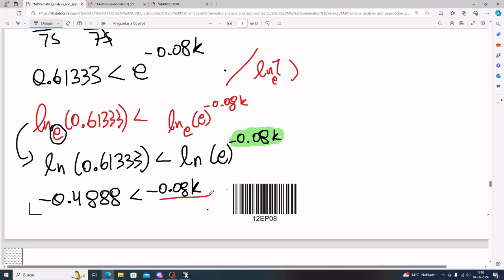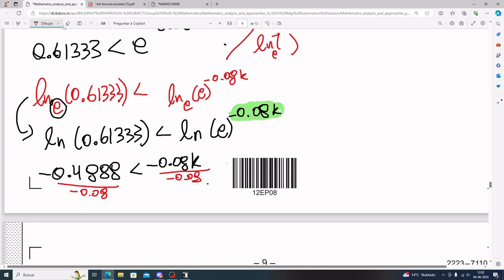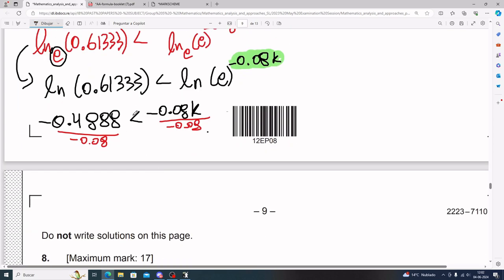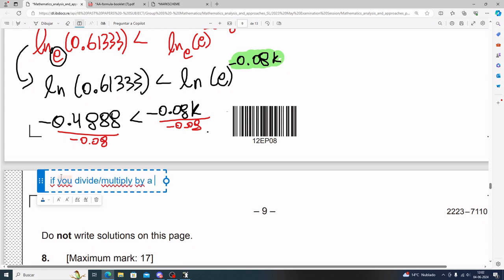So you can divide both sides by negative 0.08. And here, it's a quick rule of thumb, but the inequality symbol, this is the thing. If you divide or multiply by a negative with an inequality, you must flip the symbol.